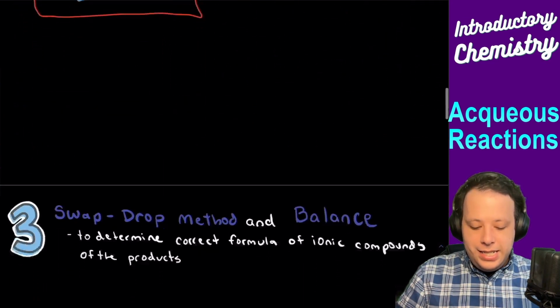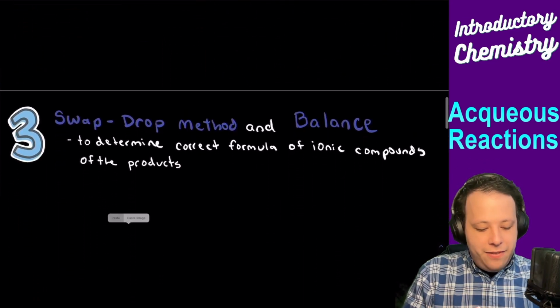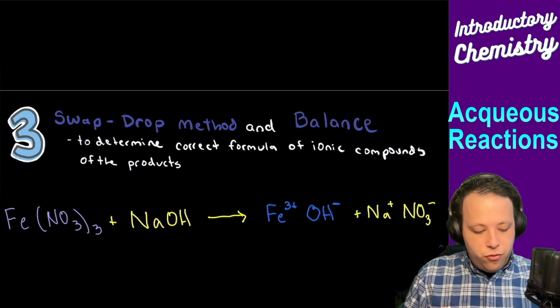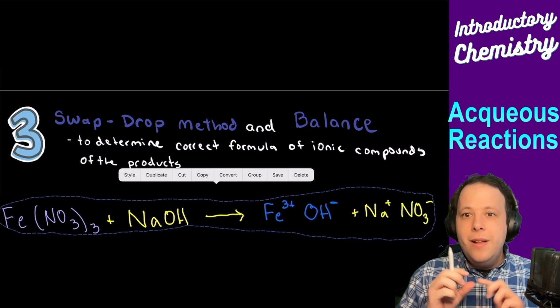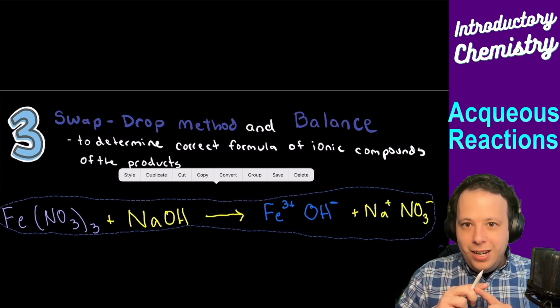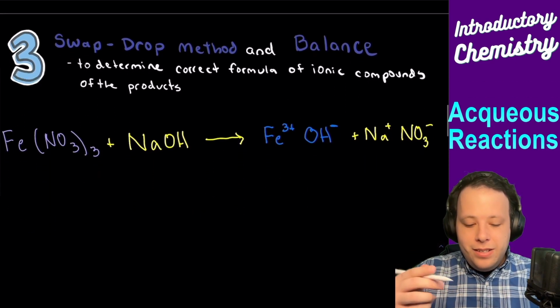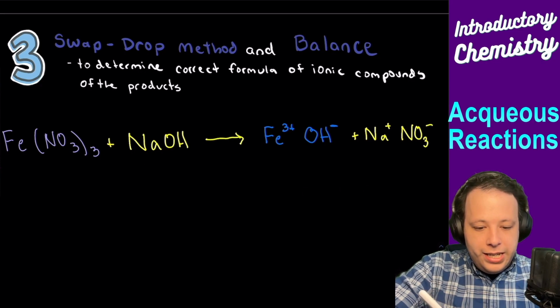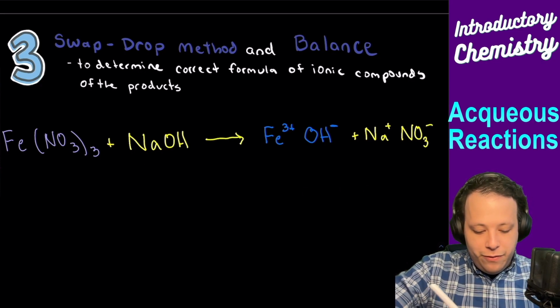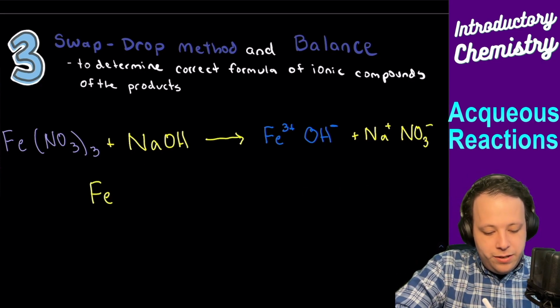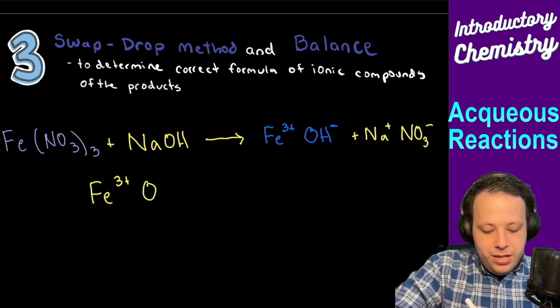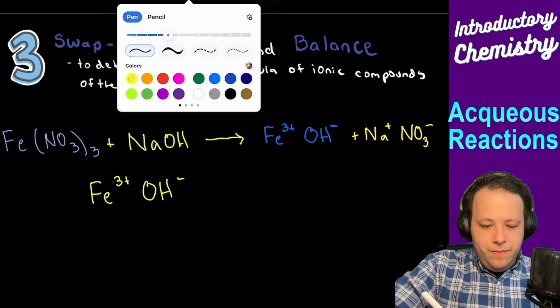Our next step is we have to do the swap drop on all of our products. It's only the individual ions that are mixing together in solution here. So what we're going to be checking is, if I have my first one here, we'll just write them down: Fe 3+, OH minus.